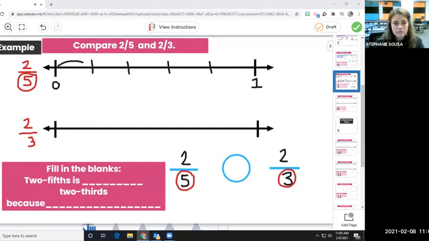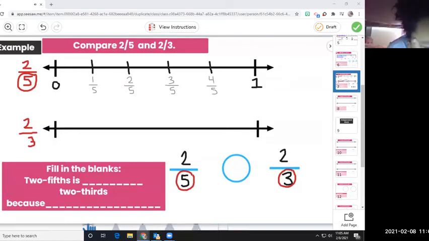Each one of these is a unit fraction, which is 1/5. So now I'm going to label the tick marks and count by my unit fraction.